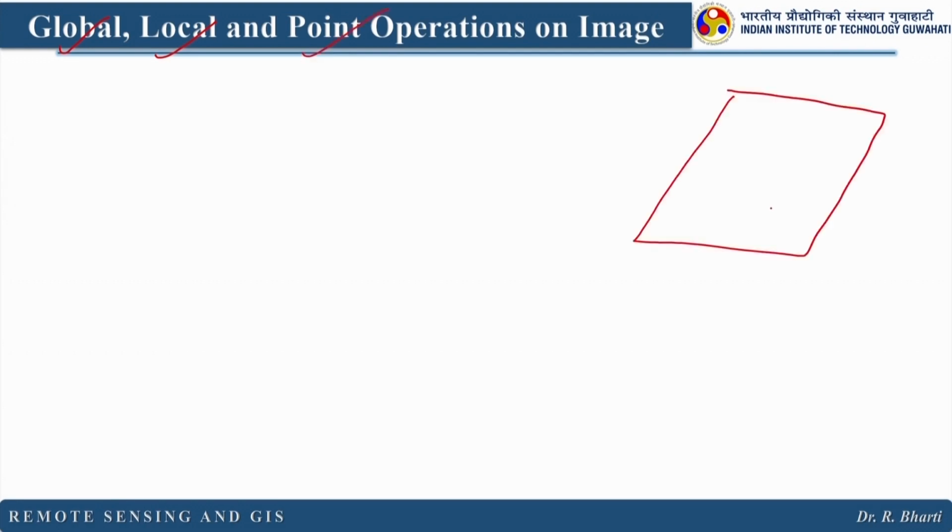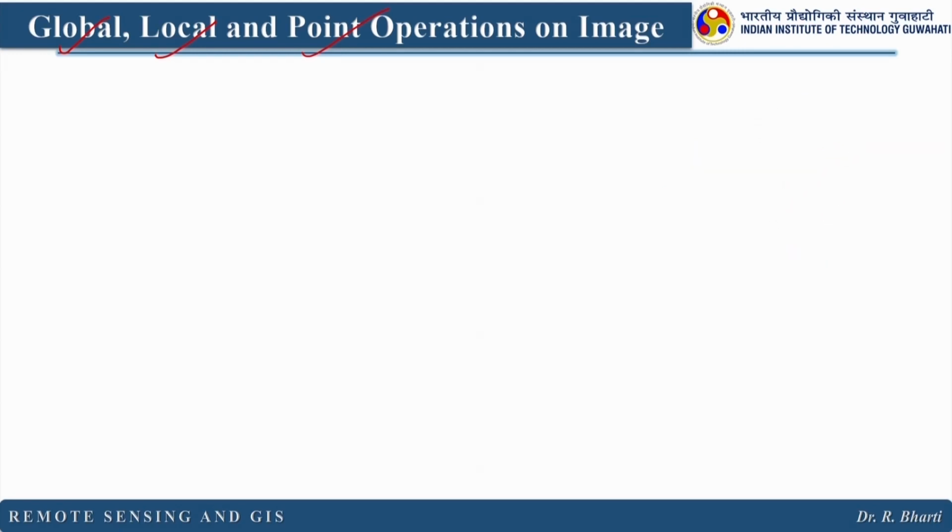If it is uniform, then it is global. If you want to enhance a particular portion of the image, then that will be local. But if you want to perform any enhancement for a particular pixel, then that will be point, right? So that is the definition of global, local and point operation.